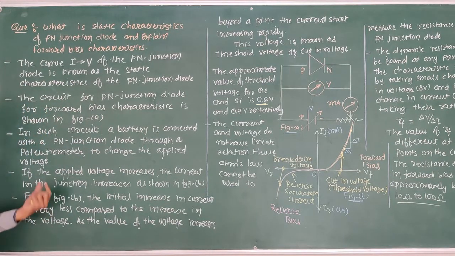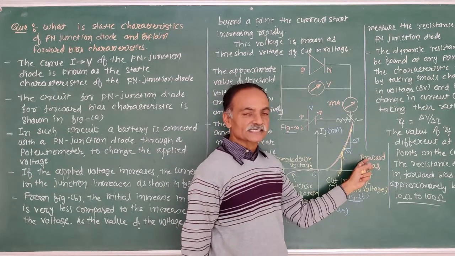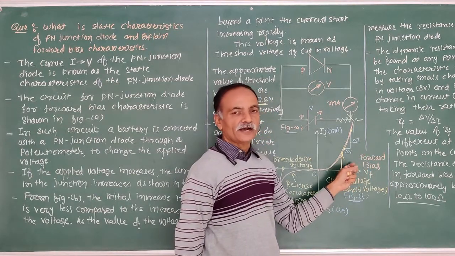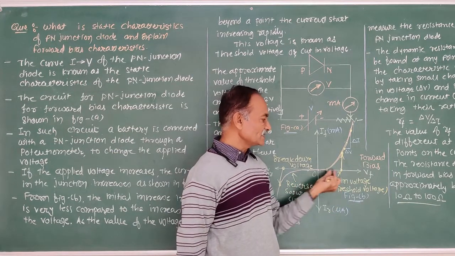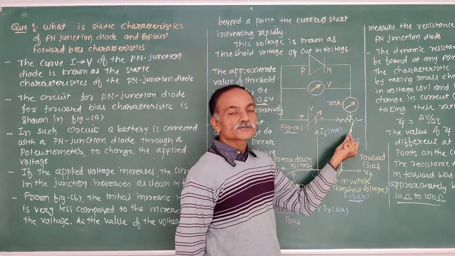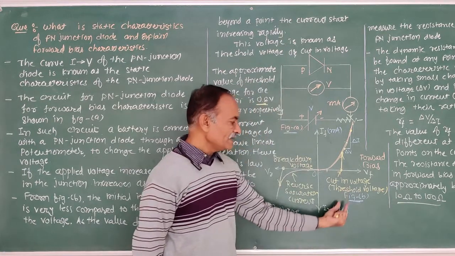Now, if the applied voltage increases, the current in the junction increases as shown in the figure. So this first quadrant represents the forward bias characteristic of PN junction diode. From this figure, we can say that as the voltage increases, the current also increases.